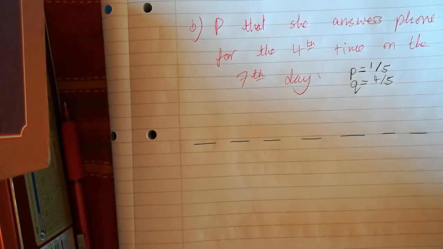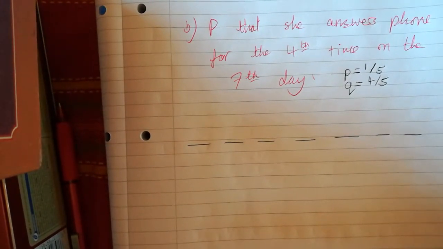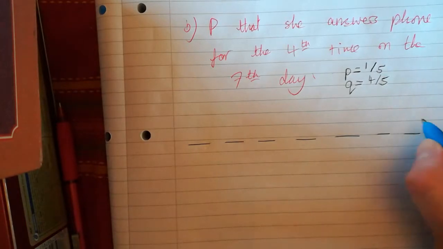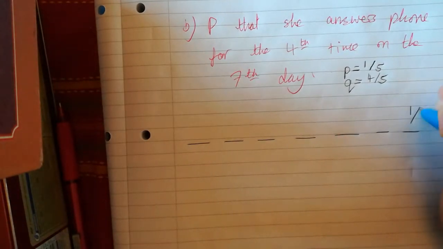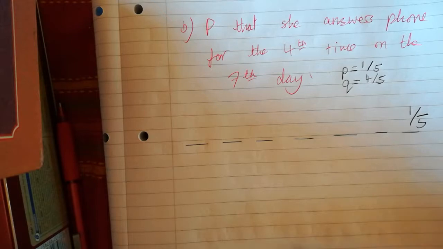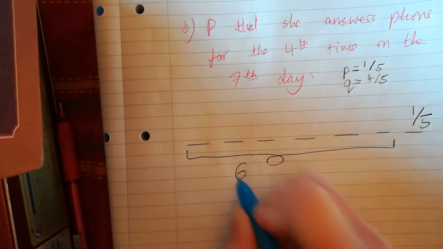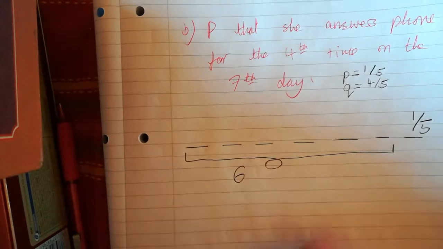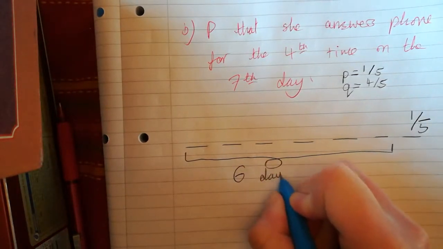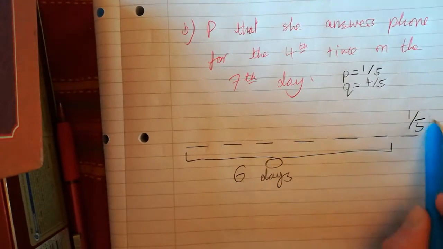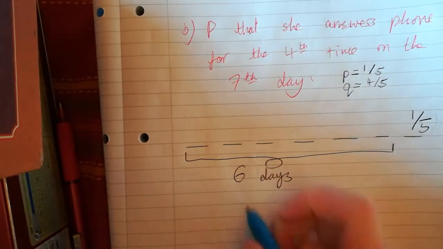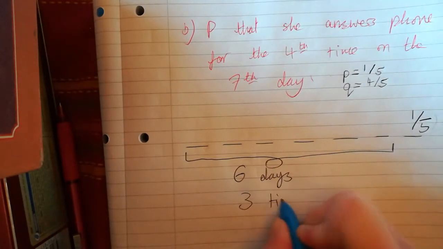On day number 7, we have a probability of 1/5 that she answers. But here we have 6 days, and if she's answering for the 4th time on day 7, then in these 6 days she has answered 3 times.